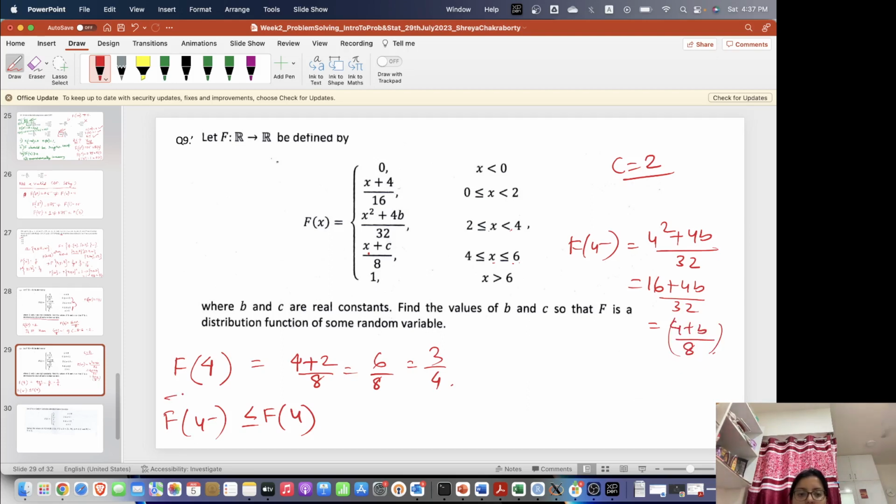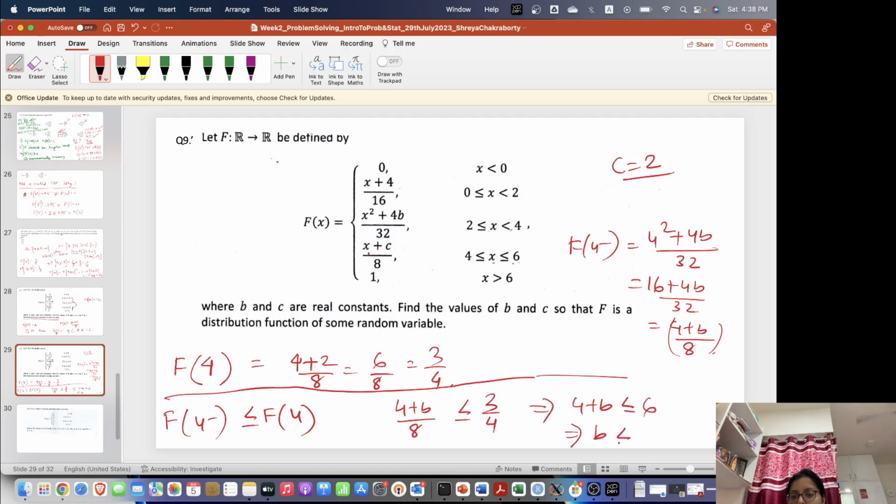Now we'll use this inequality. So 4 plus b by 8 should be less than or equal to 3 by 4. So that means 4 plus b is less than or equal to 6, which means b should be less than or equal to 2.